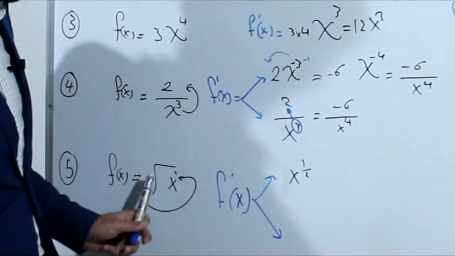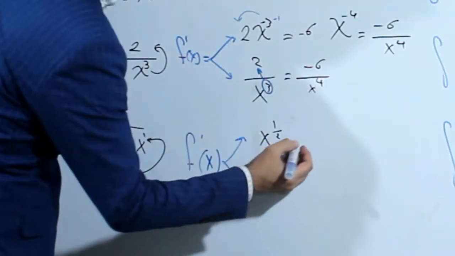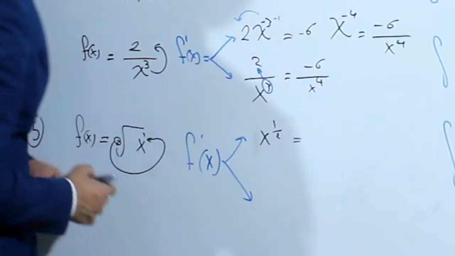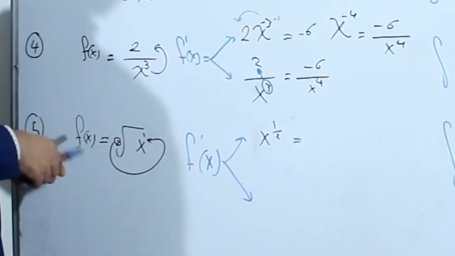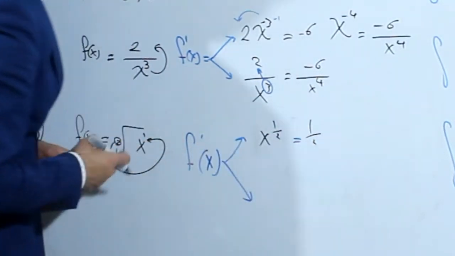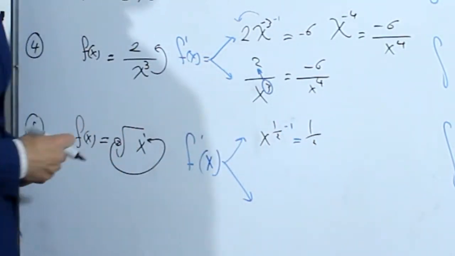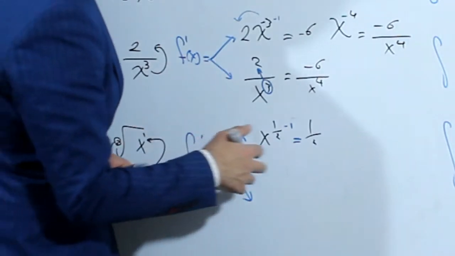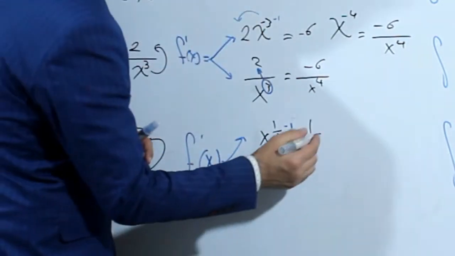So we can say square root of x, then the derivative of this one is equal to, let's say, take this 1 over 2 to the coefficient and put minus 1 to the power, so we can solve it as a power function.